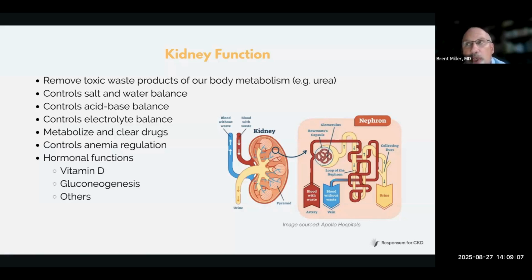And then you get a side effect because your body can't metabolize it appropriately. The kidney controls anemia. And then the kidney actually is an endocrine organ. It has various hormonal functions, vitamin D, gluconeogenesis, those sorts of things are among the big ones.